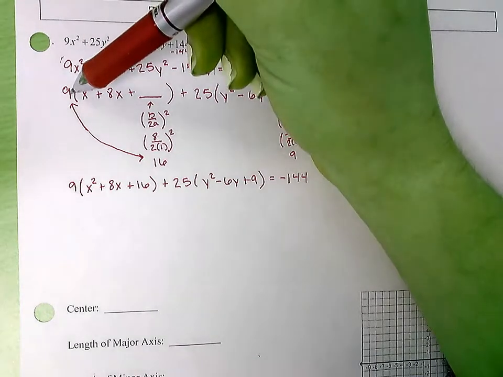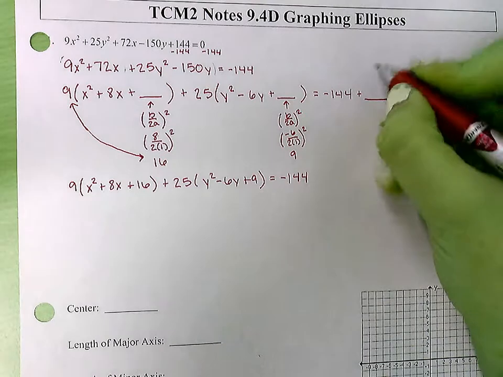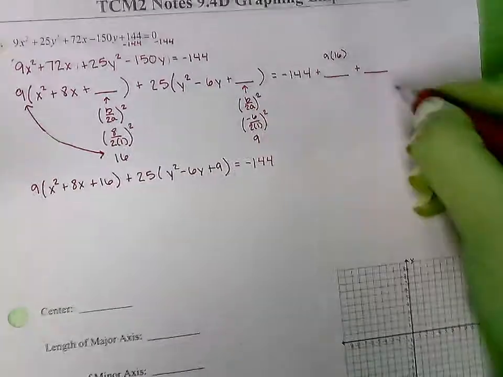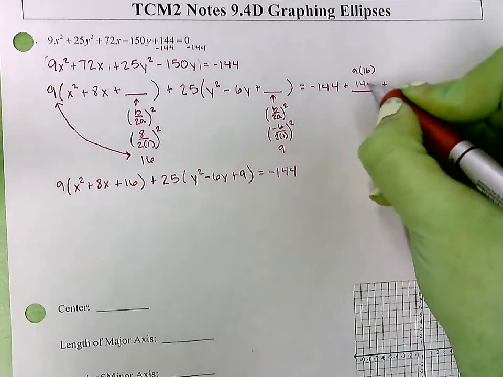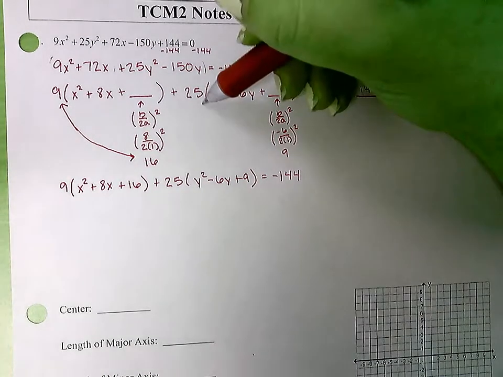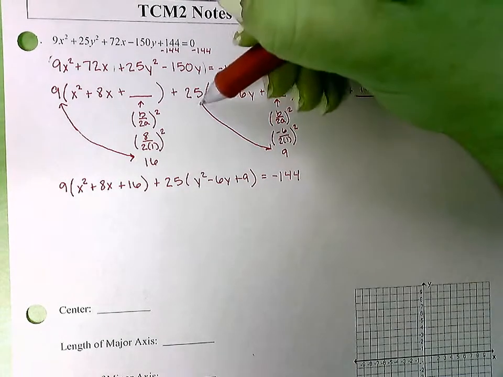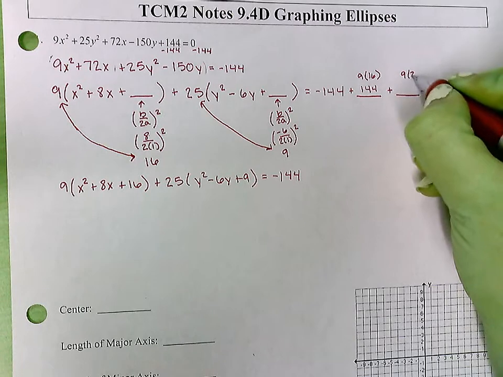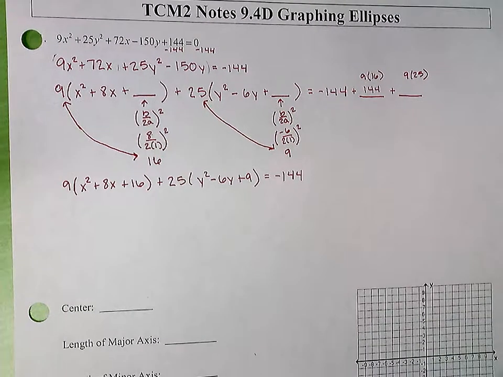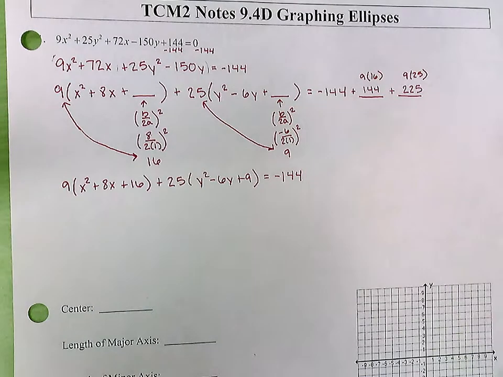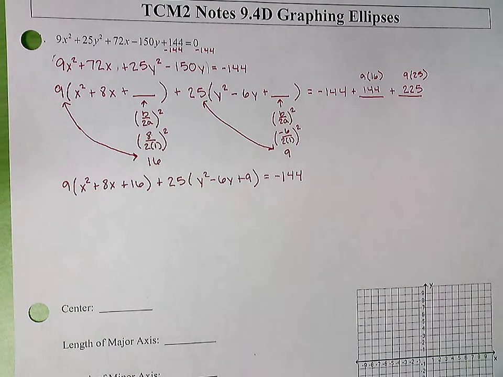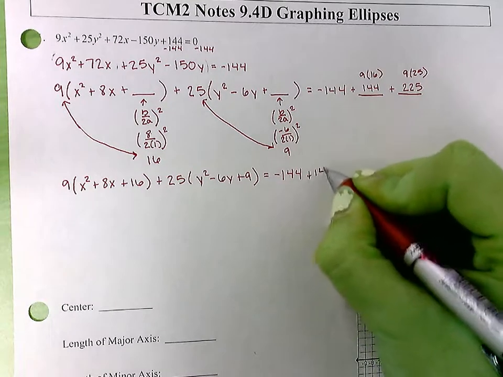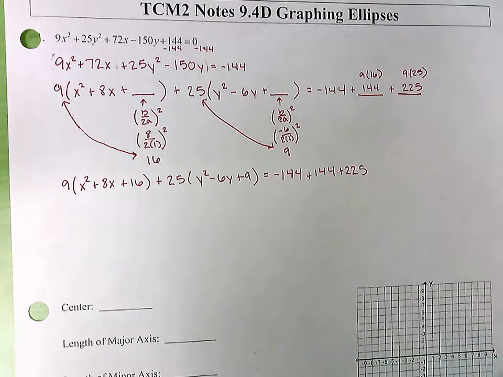So I need to multiply 9 times 16. To get that number, I get 144. And then I also need to multiply 9 and 25 to get this number here. That's 225. So over on the right here, I'm adding 144 and 225.